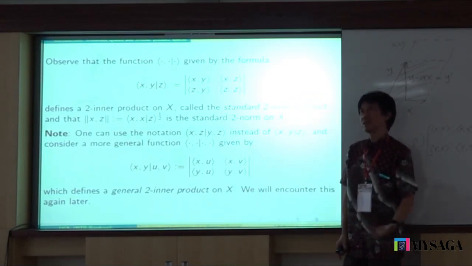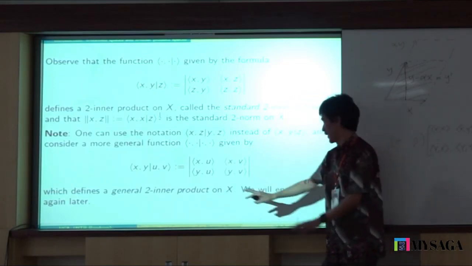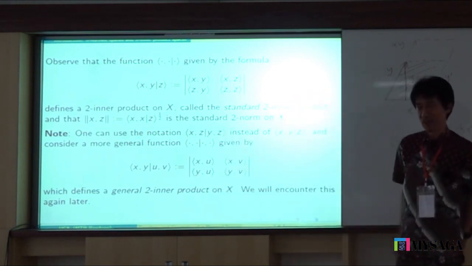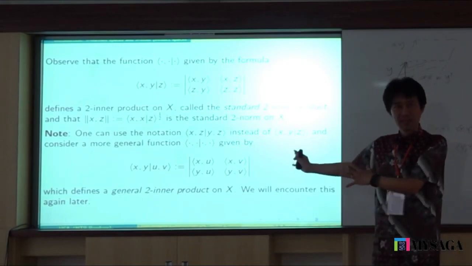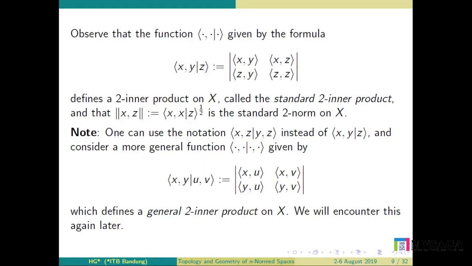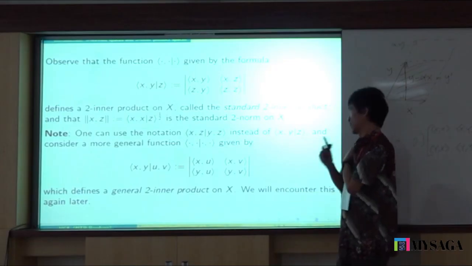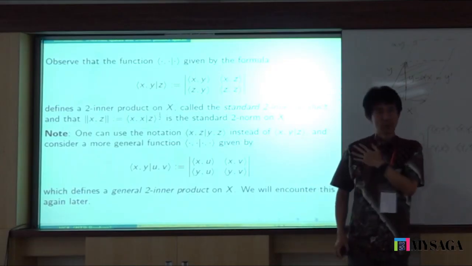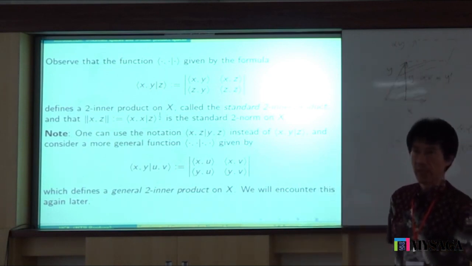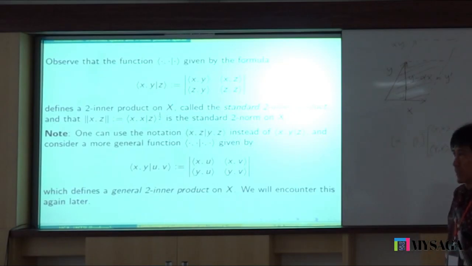I didn't check the references, but this morning I just put this name quickly, general two inner product. But actually someone has done this in 2000 something. And we will encounter this again later when we talk about the angle between two subspaces more generally. Okay?